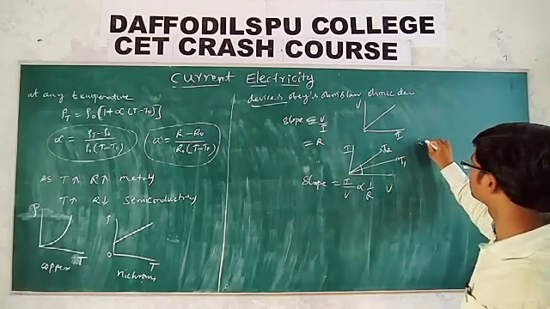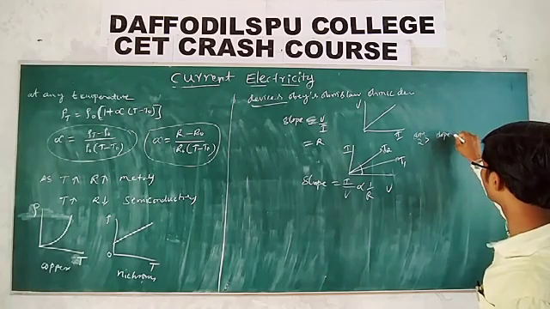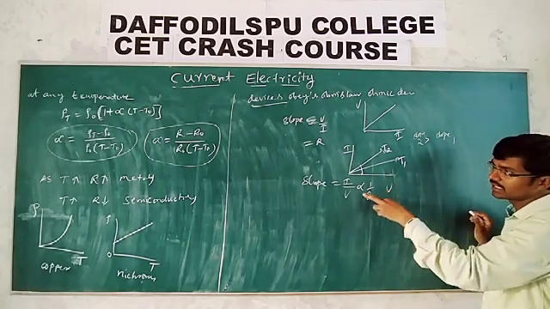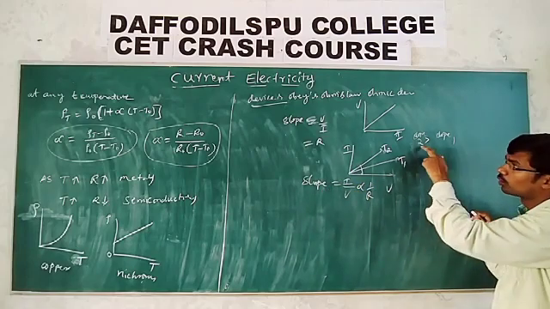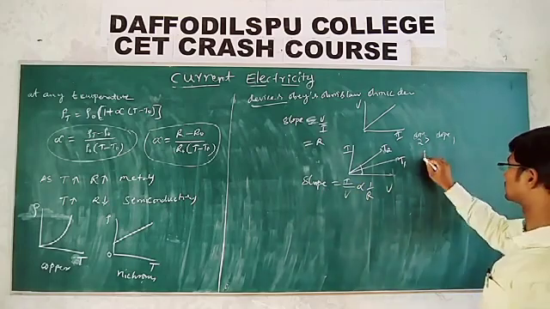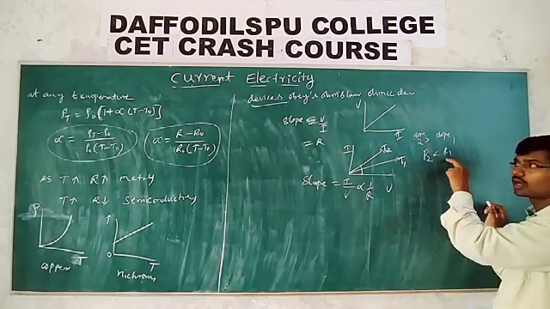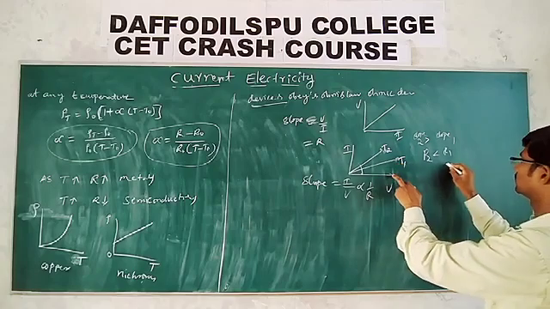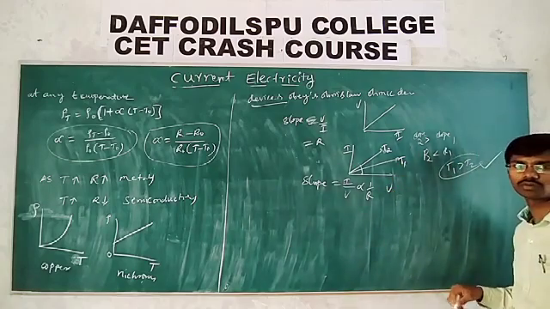The slope of the second one is greater than the slope of the first one. Slope represents the reciprocal of the resistance. More slope means less resistance, so R2 is less than R1. More resistance means the temperature is more, so T1 is greater than T2. Like this we have to find.